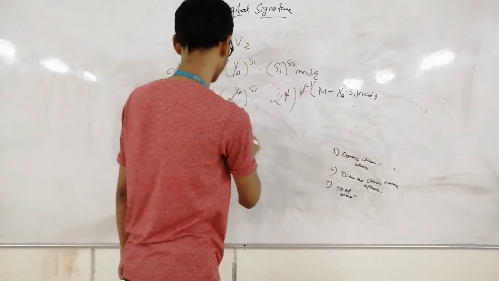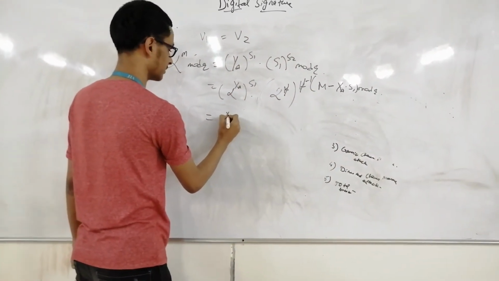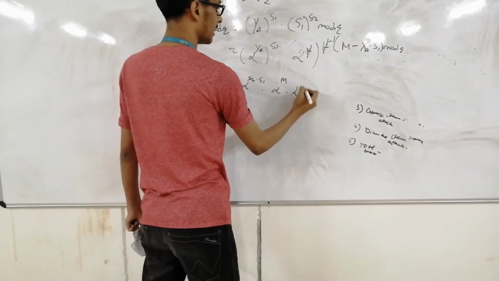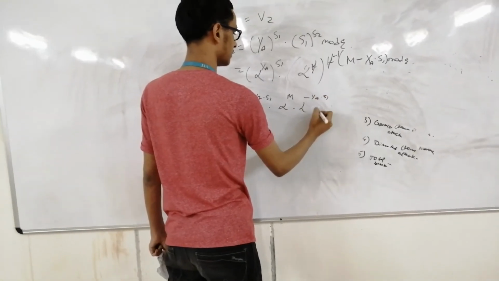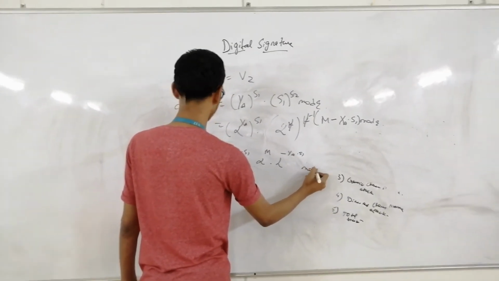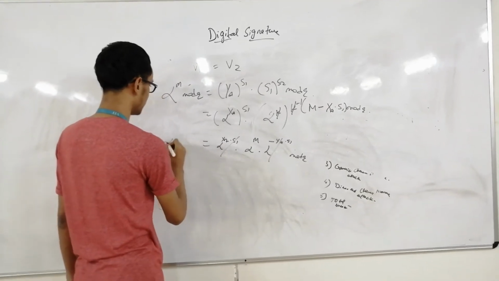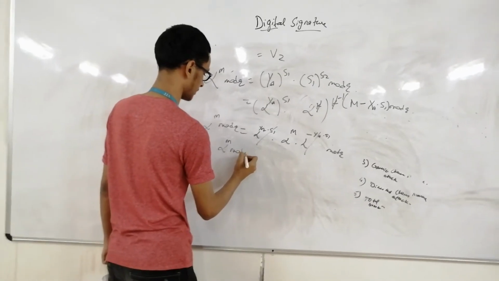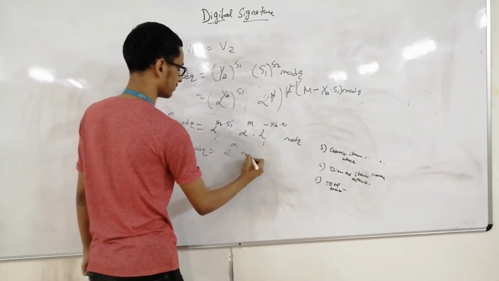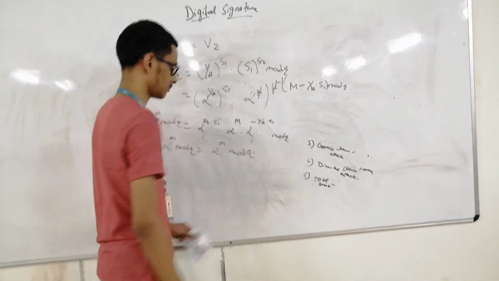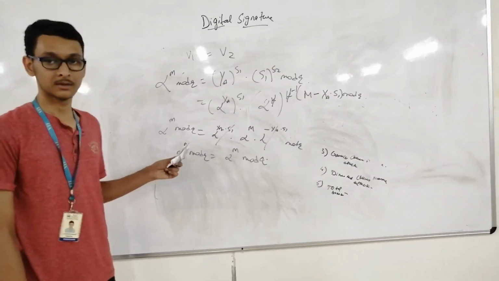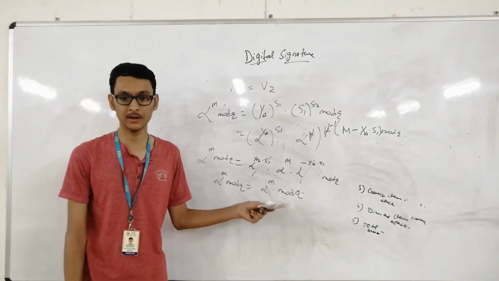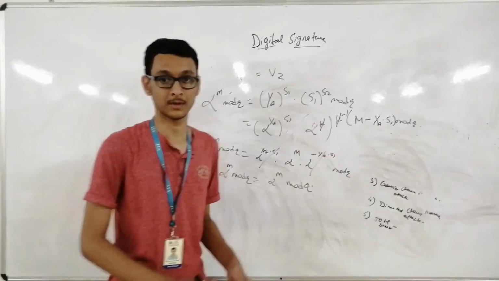So these both will get cancelled, and we are left with alpha power xa into S1 and alpha power m and alpha power minus xa into S1 mod q. So these both will get cancelled, and alpha power m mod q is equal to alpha power m mod q. So this proves that V1 is equal to V2.